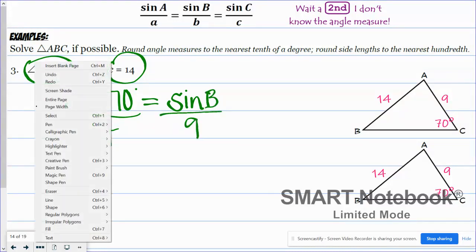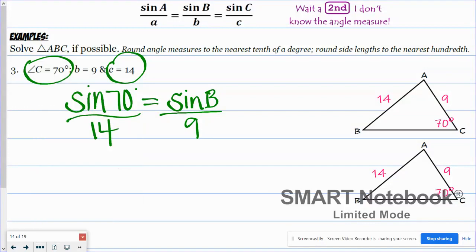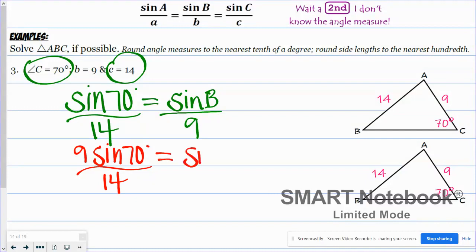So then it's time to do the necessary math, meaning I cross multiply and divide. So I'm going to calculate 9 times sine of 70 divided by 14, and this is going to give me sine of angle B. And then remember, I have to use the inverse sine to find the angle.